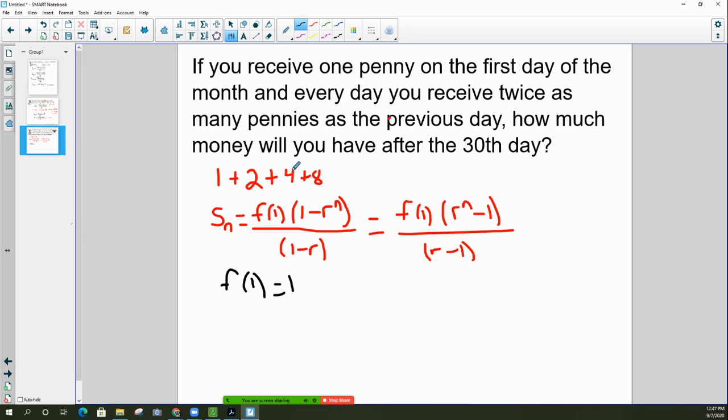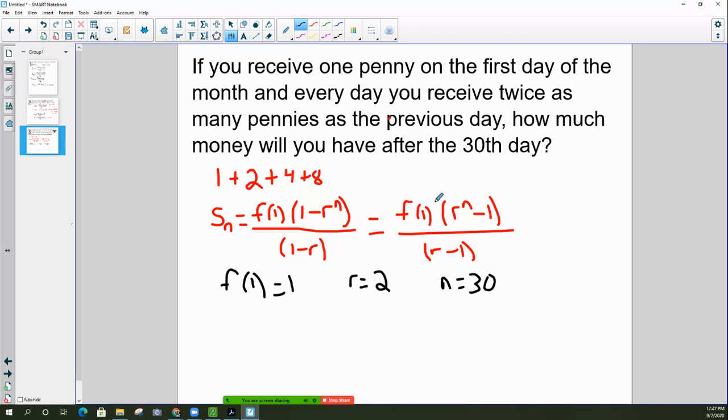What am I doing every time to get the next number in the sequence? In this case, I am doubling it, so we are multiplying by 2. So r is 2, and n, how many days am I collecting these pennies for? So n will be 30.